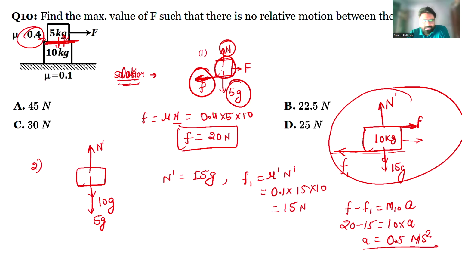In opposite to that, if this 5 kg block is also accelerated with the same acceleration, then we can say the relative acceleration between these blocks is 0. So we can apply the equation over here. F minus f, capital F minus small f, is equal to what?